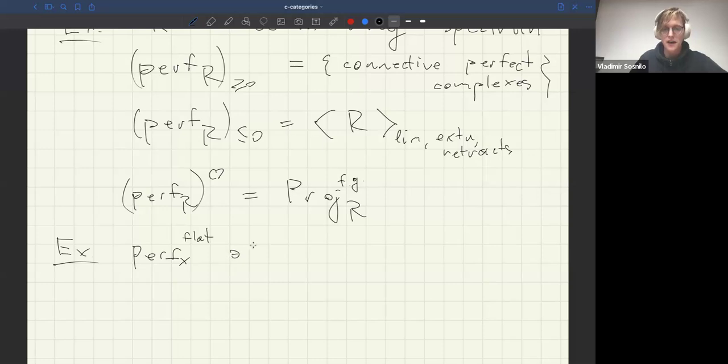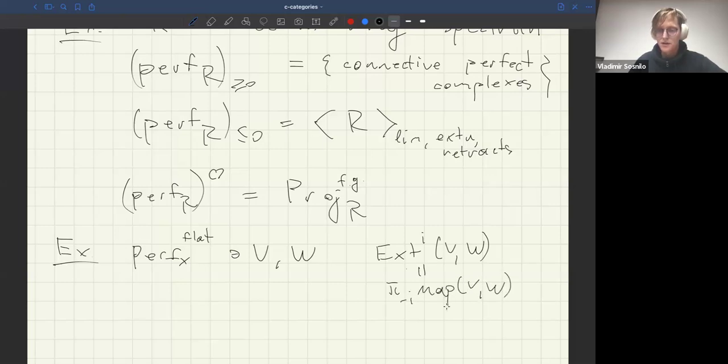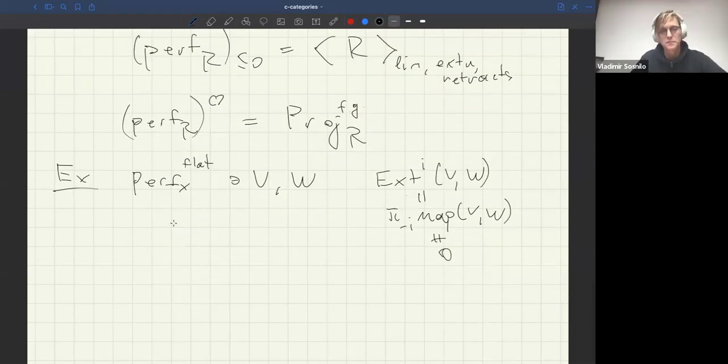So for instance, you can find two vector bundles such that there are non-trivial Ext groups. So this could be non-zero. So in particular, this couldn't be a nice example.